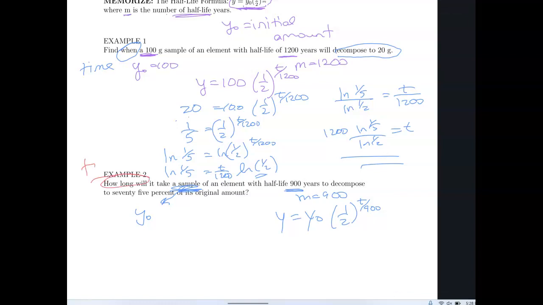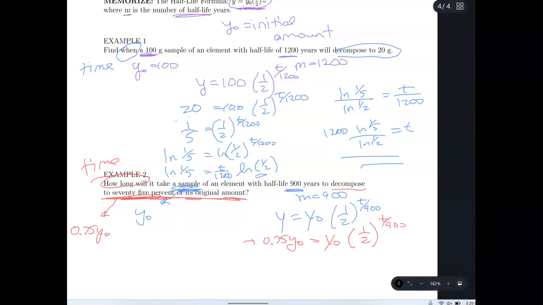How long, time again, will it take to decompose to 75% of its original amount? So that means we're taking 75% of the y naught. So what we're going to put here is the 75% of the y naught, and then equals y naught times 1/2 to the t over 900.